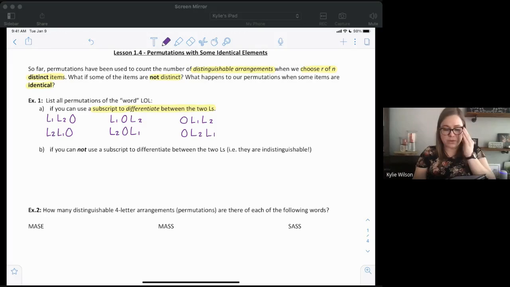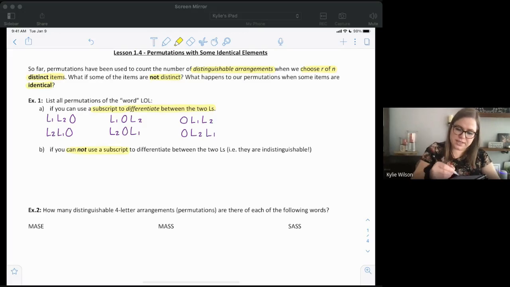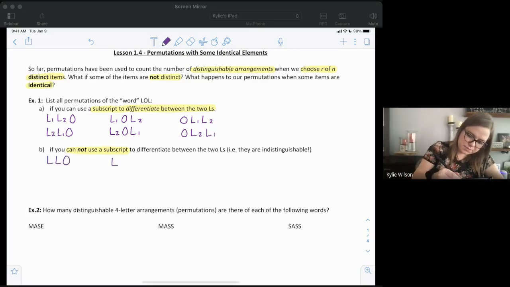Now, this doesn't always happen, right? Usually if I'm rearranging letters in a word, I wouldn't distinguish between the two L's. So let's see what happens when we cannot use a subscript to identify the two different L's. The first one would just be LLO, LOL, and OLL.